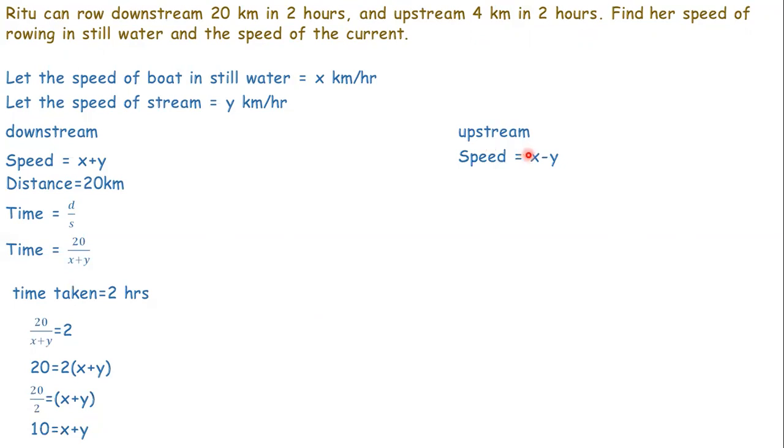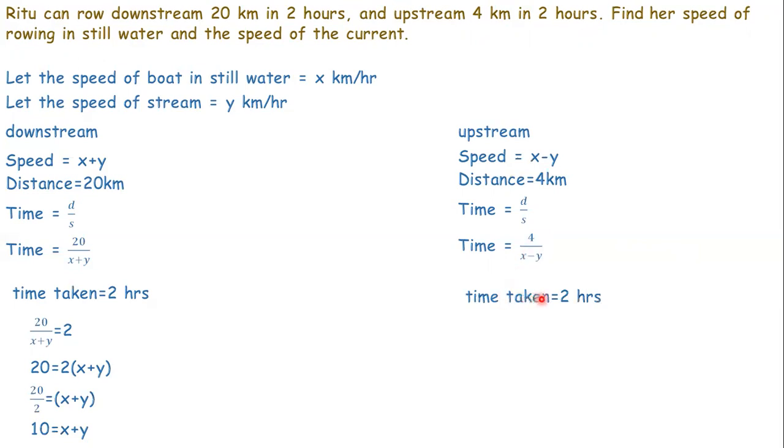Speed in upstream is x minus y. Distance traveled is 4 kilometers. We have to write time. We have the formula, distance by speed. So time is equal to 4 by x minus y.